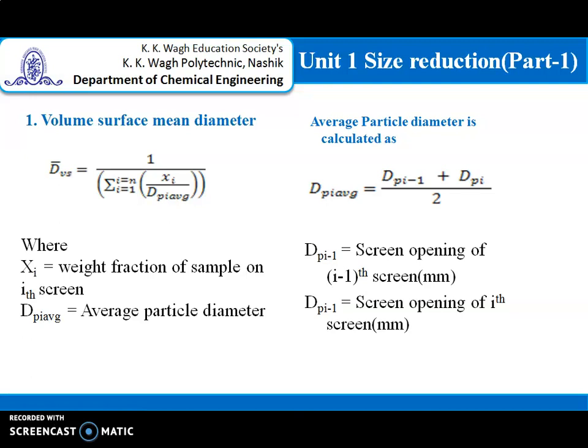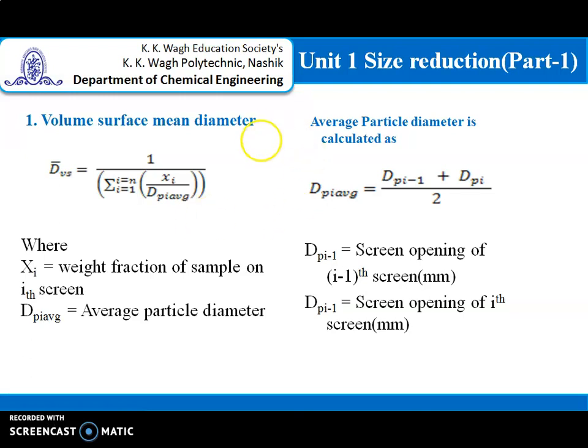Now, there are different ways of expressing the average particle size. We have typically considered two cases. Consider that after screen analysis, the particles are retained on different screens. First is to find the average particle size, and this concept is applicable only for that particular screen.